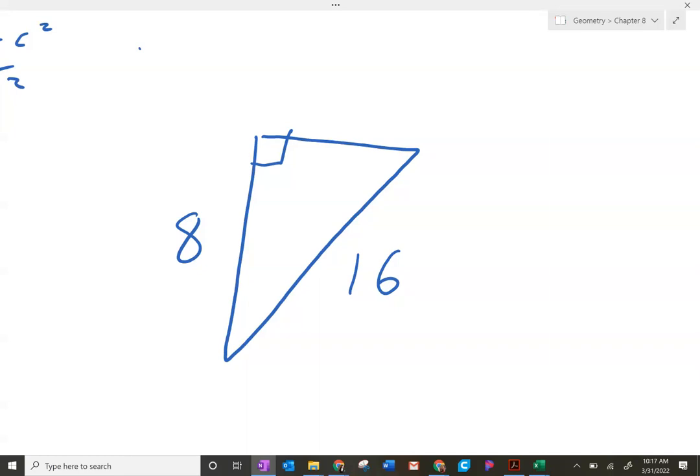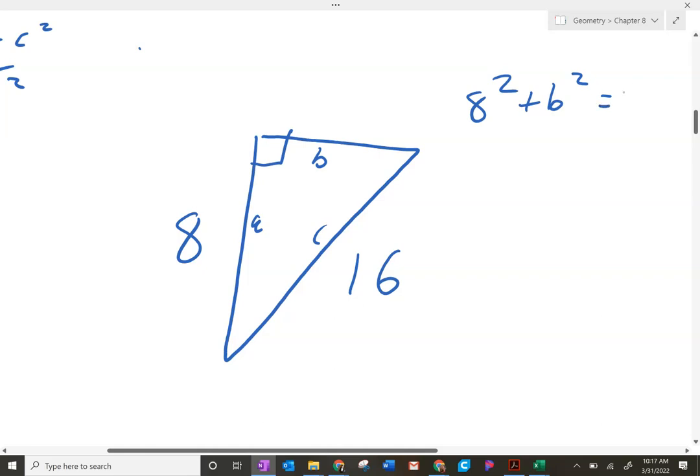All right. I'm gonna write the steps down based on the people I looked at. It looks like you guys have it down at this point. You guys are figuring it out again, or it's coming back to you. So again, I'll say this is my A, this is my B, this is my C. So I've got 8 squared plus B squared equals 16 squared. 8 squared is 64 plus B squared equals 256.